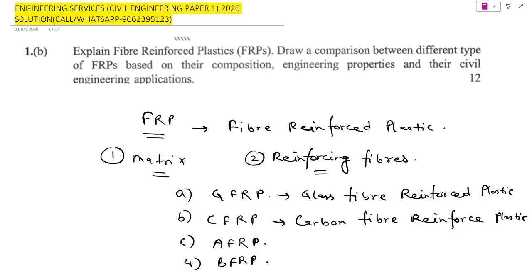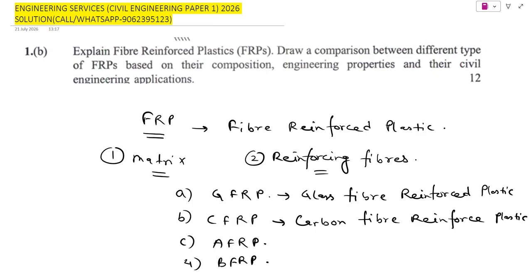Strength is very high, stiffness is extremely high, weight is very light, and corrosion resistance is excellent. It has the highest cost. Fatigue resistance is excellent, and if I talk about electrical conductivity, it is basically non-conductive.